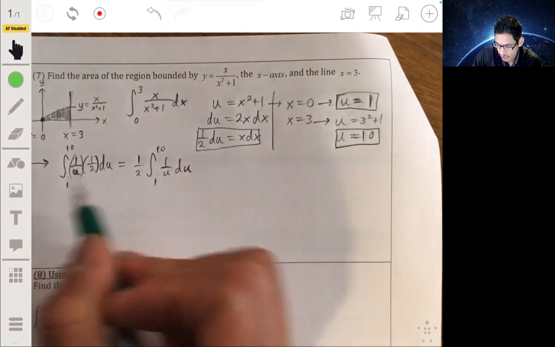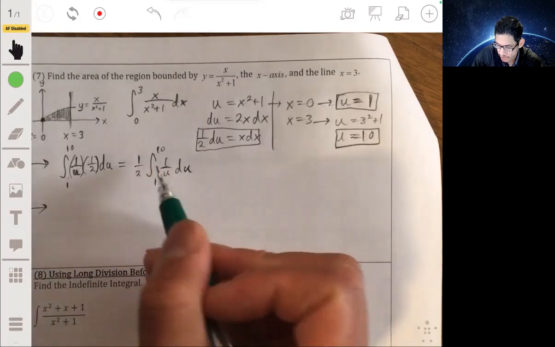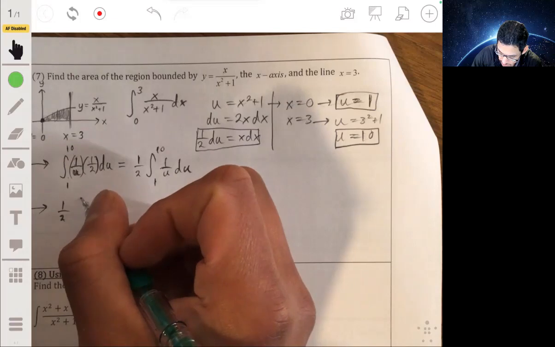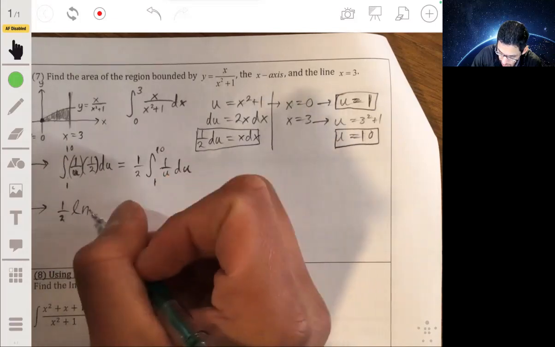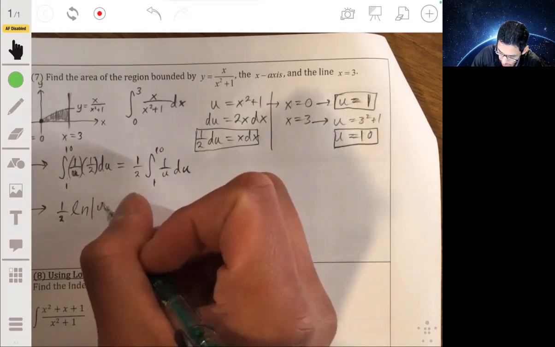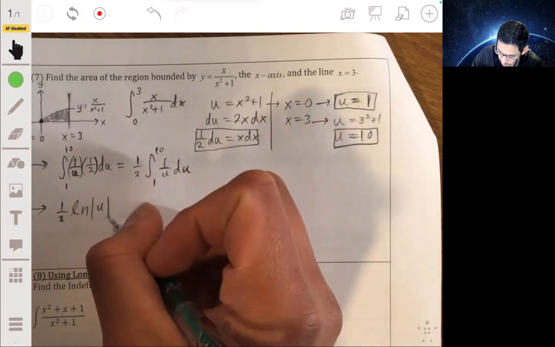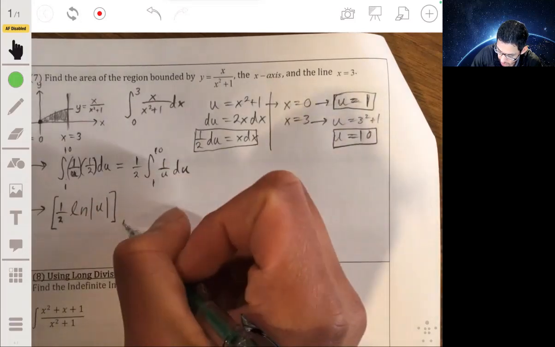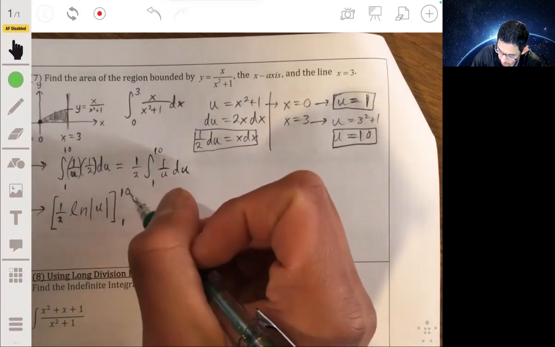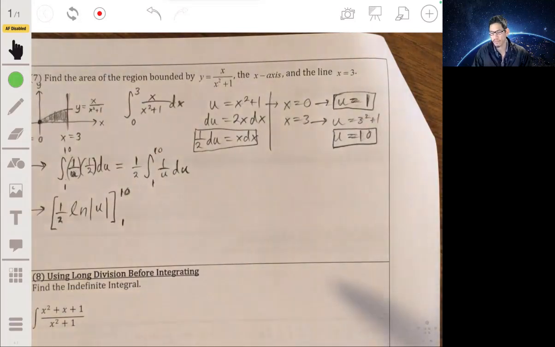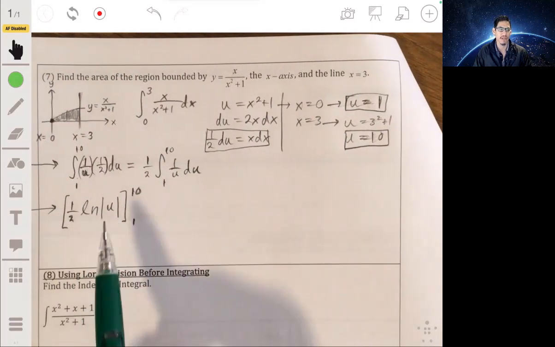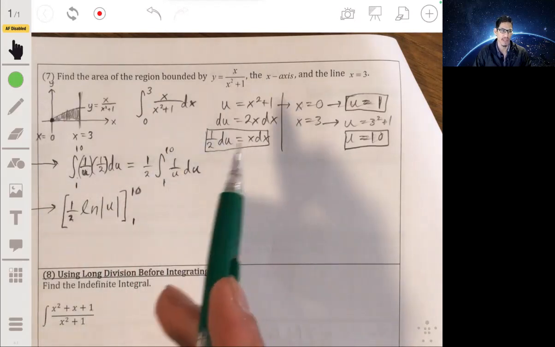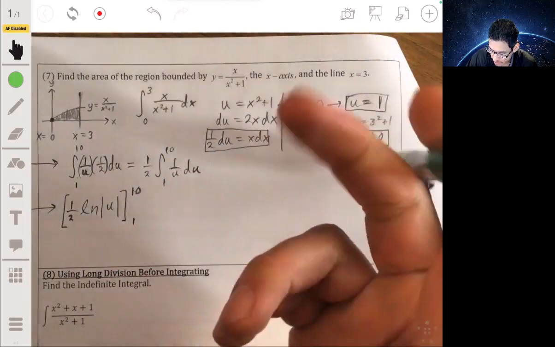And now we can go ahead and integrate this. We're going to have 1/2 times the natural log of the absolute value of u from 1 to 10. I guess you could take out that 1/2 and then multiply it all by 1/2 at the end, or you could keep it in there.